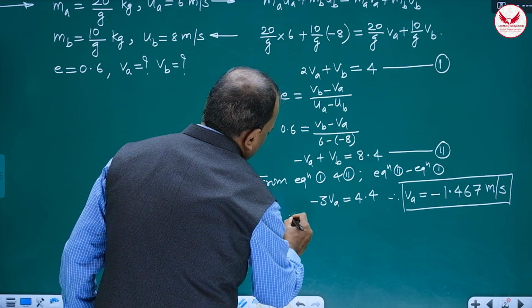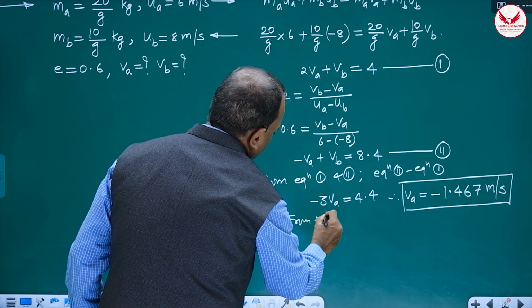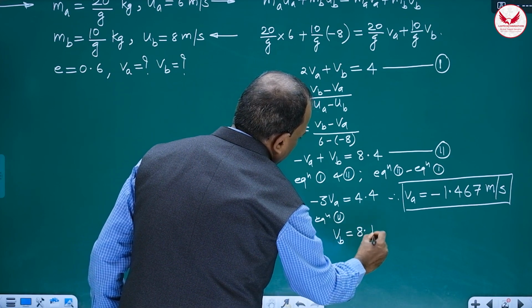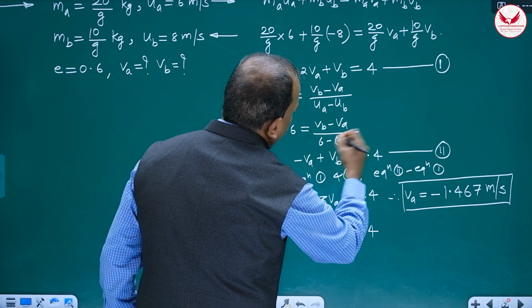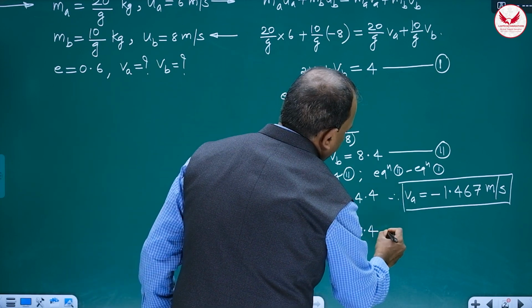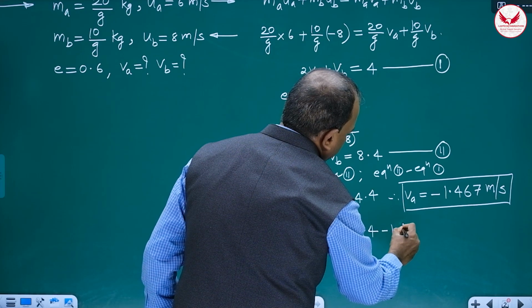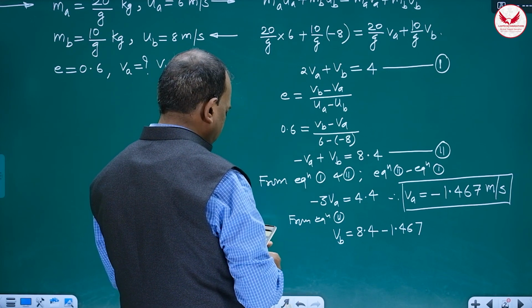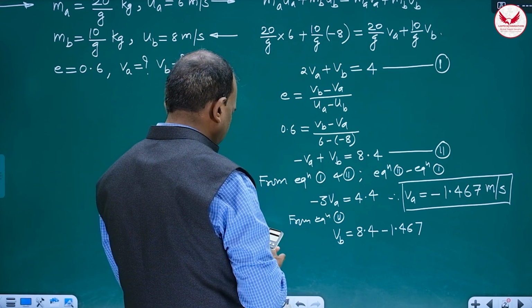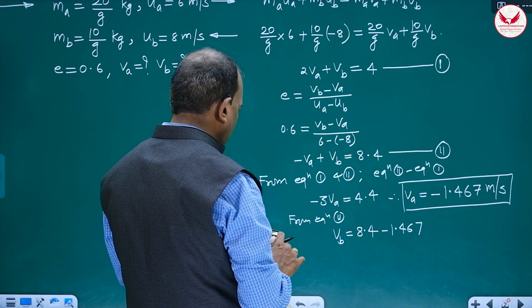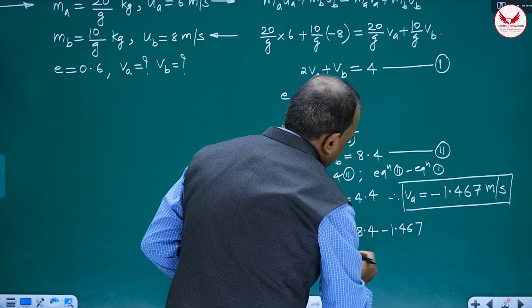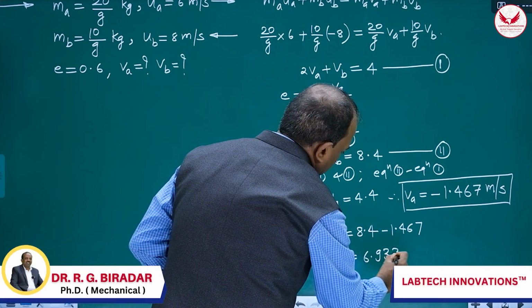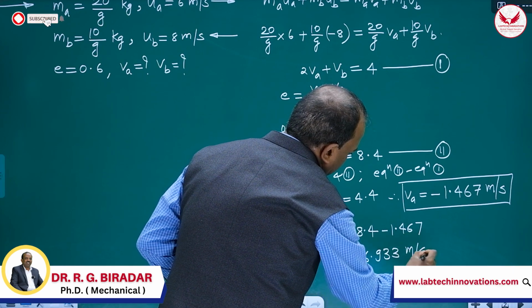And what about B? Then from equation 2, VB is going to be 8.4 minus VA on that side, plus VA, but this value is minus 1.467. So the answer will be 6.933. Hence VB is equal to 6.9333 meters per second.